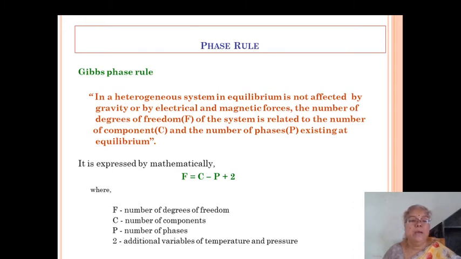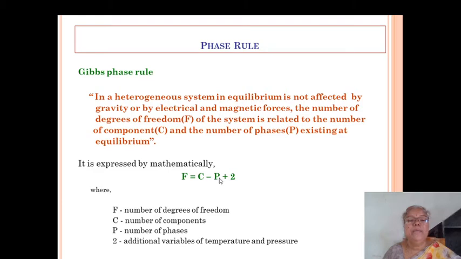P is the number of phases, and this 2 is the additional variables of temperature and pressure.